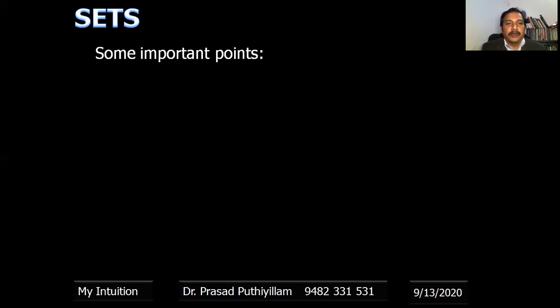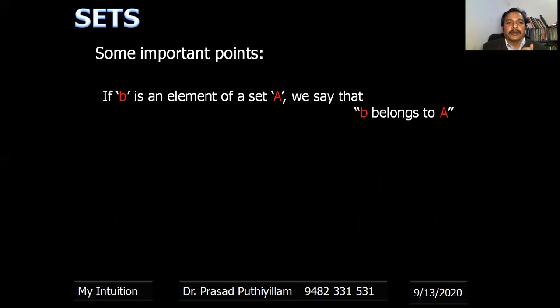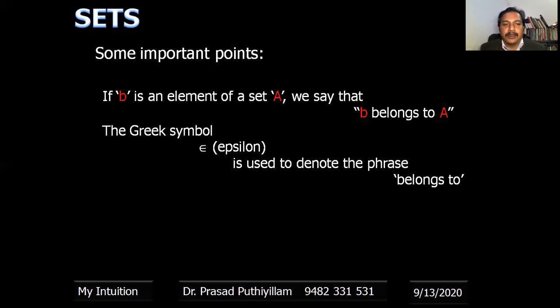Next important point: if small letter b is an element of set A, then we can say that b belongs to A. Each time we cannot write b belongs to A, as that is very long, so we use a small trick to make it shorter.